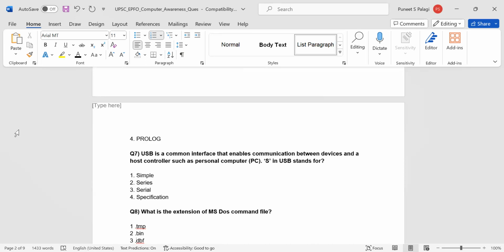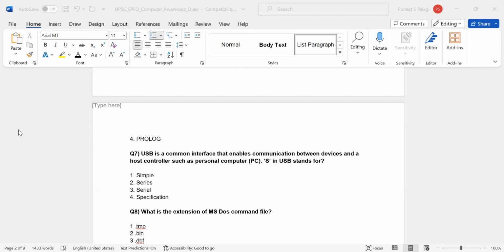So S in USB stands for... Okay, PC means personal computer. So what is USB? USB stands for Universal Serial Bus.